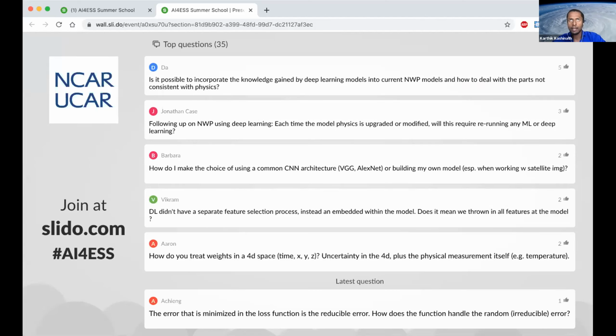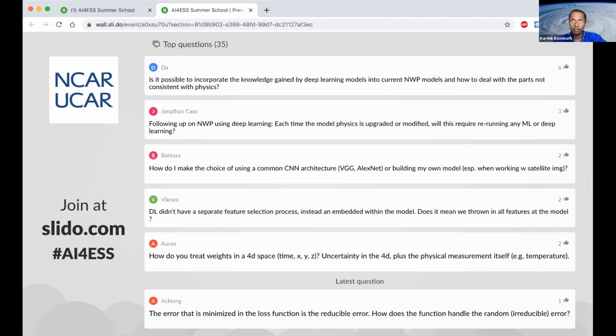It's not trivial or easy to do that. One example you can think of is using deep learning models to, let's say, build parameterizations. In some ways, the deep learning model is learning some new dynamics and physics about these processes that are parameterized, and then you try to couple that into your NWP models.